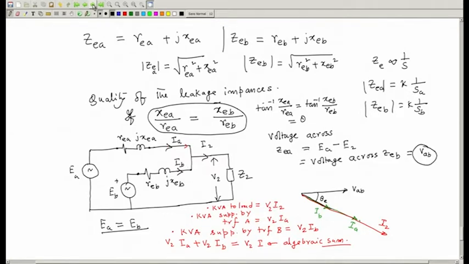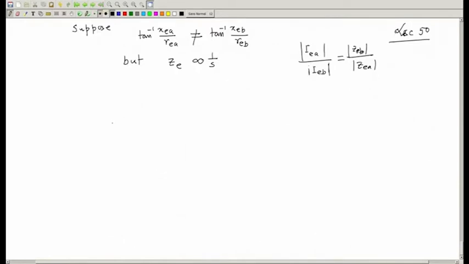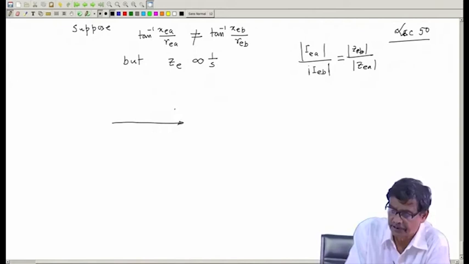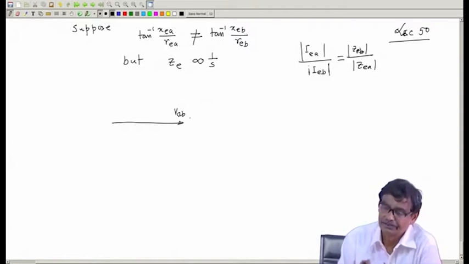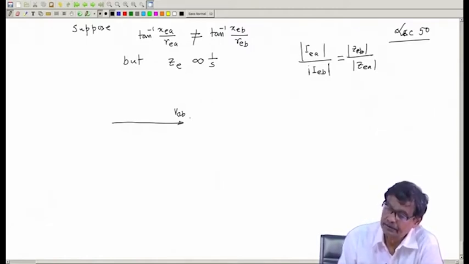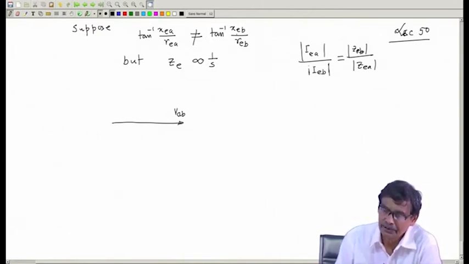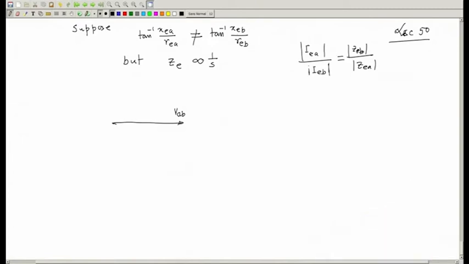So, let us draw this phasor diagram once again. Suppose this is VAB, which I have already defined, which will be small; I am drawing it very large just to understand. Now, I am telling these two angles are not the same. So, you draw IEA, sorry, you draw IEB.